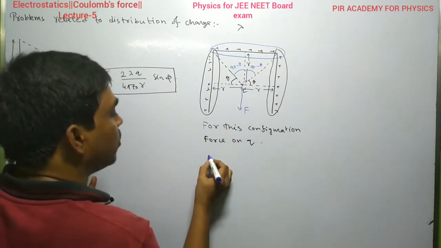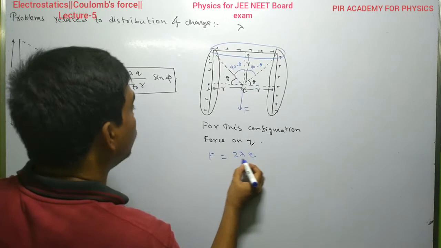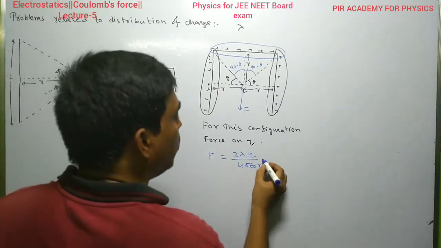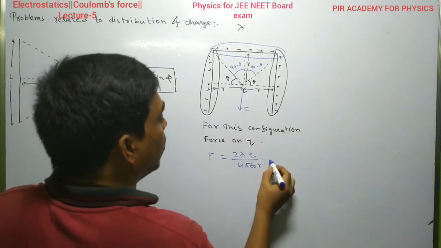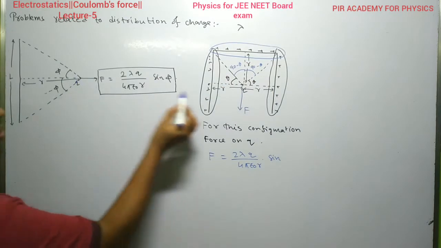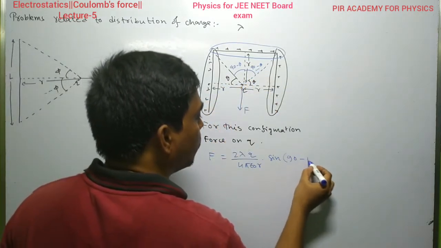For this configuration, the total force will be 2 lambda q by 4 pi epsilon naught r into sin phi, where phi is 90 degrees minus theta.